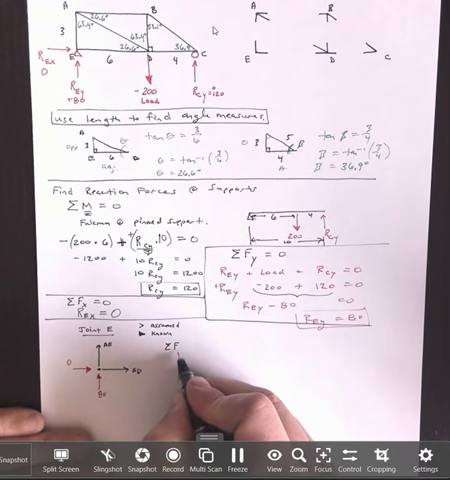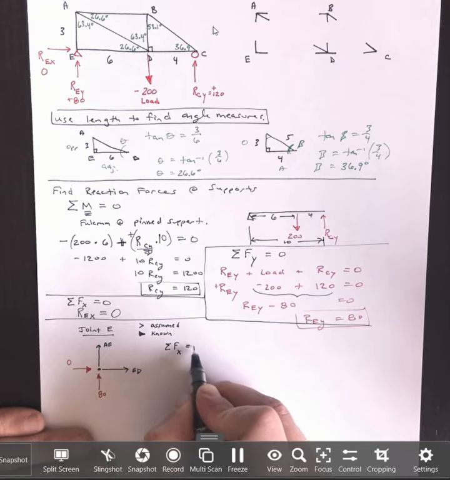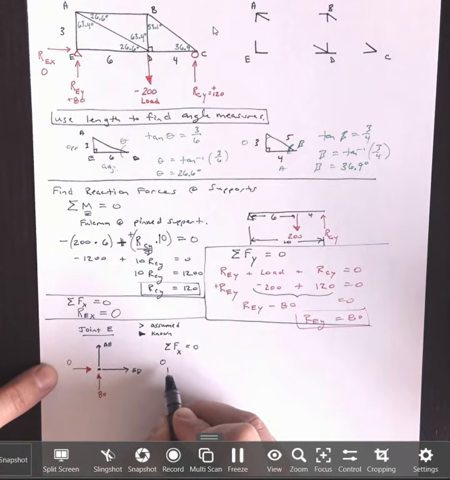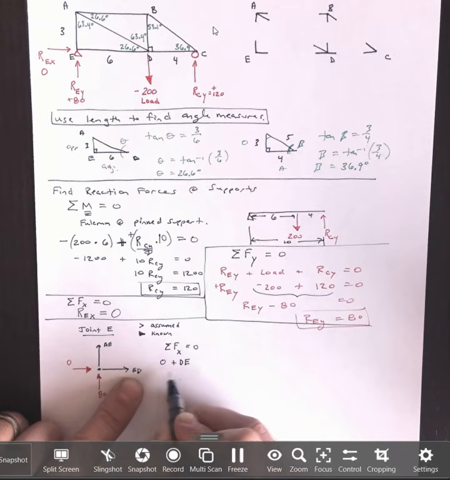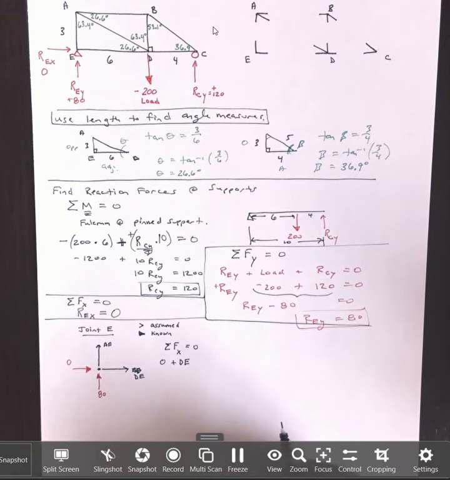In this case it really doesn't matter. So I'd say the sum of all the horizontal forces has to equal 0. Identifying those, it'd be the reaction force here, that's 0. The other one would be ED, or DE. I try to keep it in alphabetical order really, even though I wrote it here. So try to write it in alphabetical order.